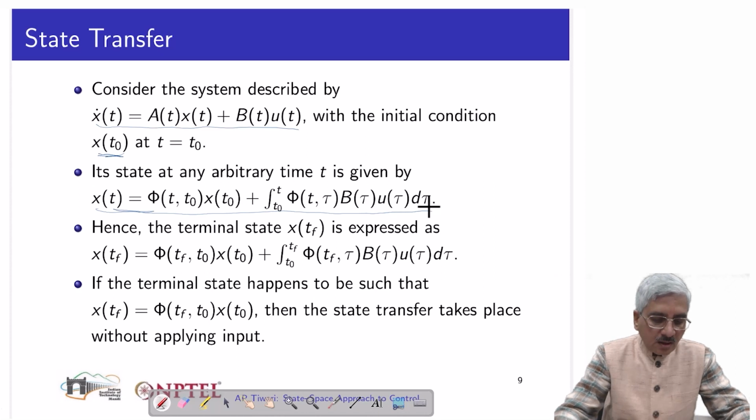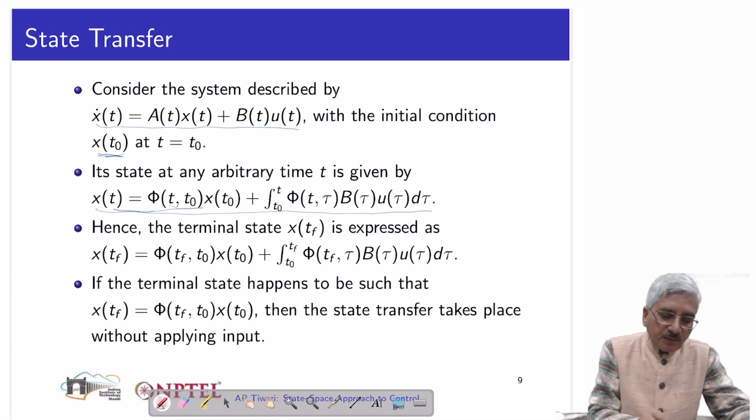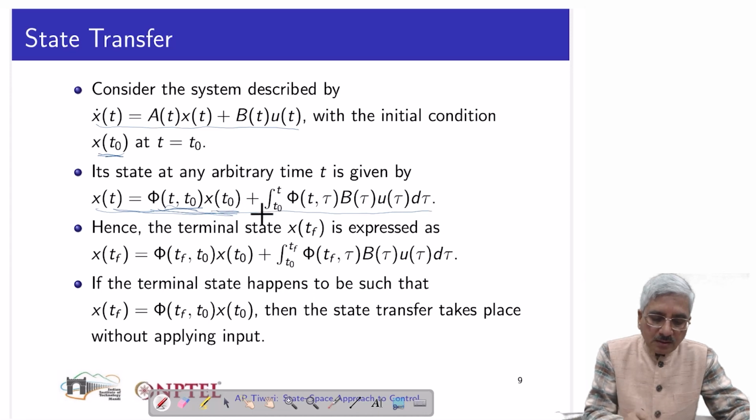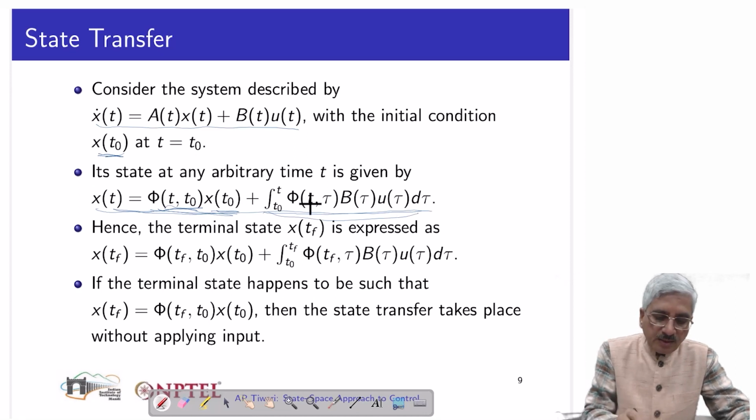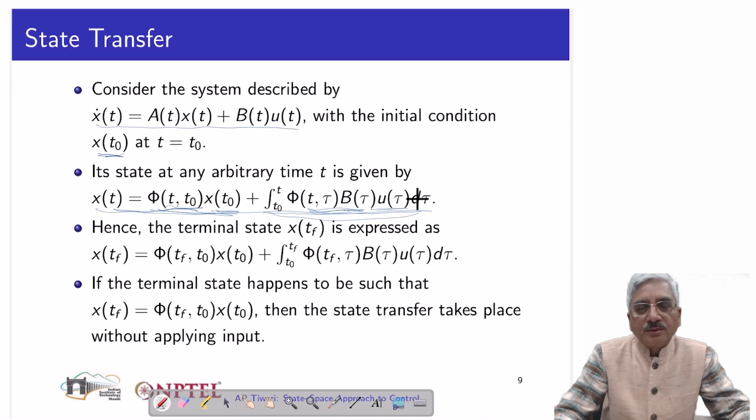x(t) is the state transition matrix evaluated between t and t0 pre-multiplied to x(t0). This is the zero input response plus the zero state response, which is given by this integral of the state transition matrix evaluated between t and tau, multiplied with B(tau), multiplied with u(tau), integrated between t0 to t with respect to tau.